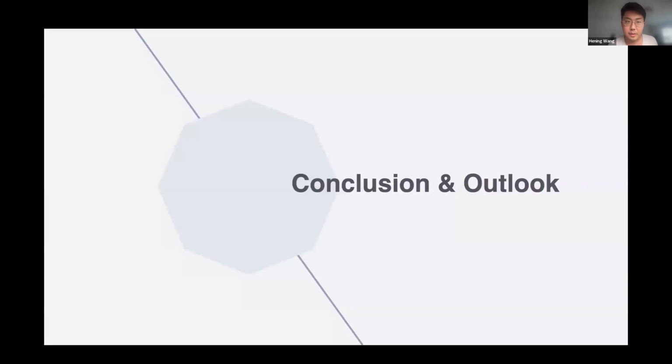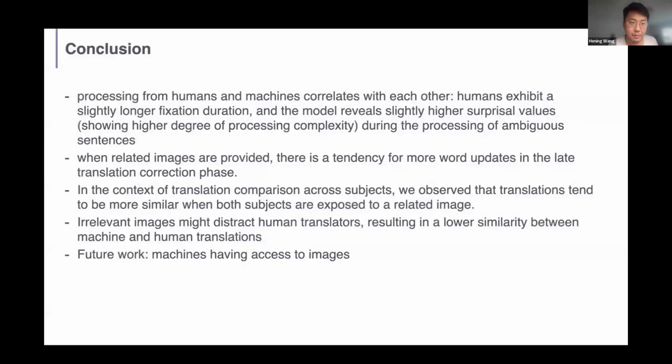So to conclude, we found when related images are provided, there is a tendency for more word updates in the translation correction phase. And in the context of comparison across subjects, we observe that translations will be more similar when they are exposed to related images.